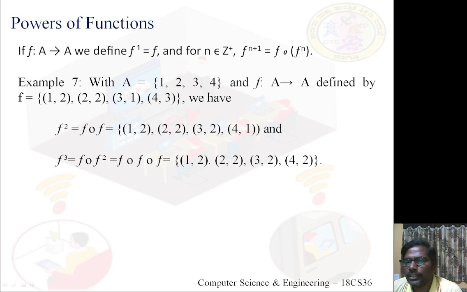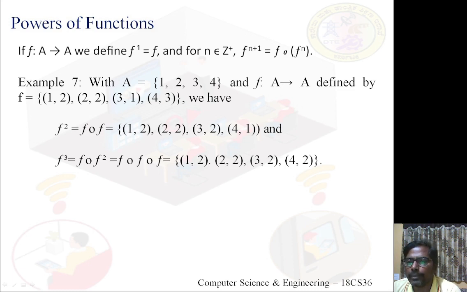Let us have a look at example 7. Here we are given one set A with 4 elements 1, 2, 3, 4. And we are given one function from A to A defined as f equals the first ordered pair (1, 2), it means 1 is mapped to 2.